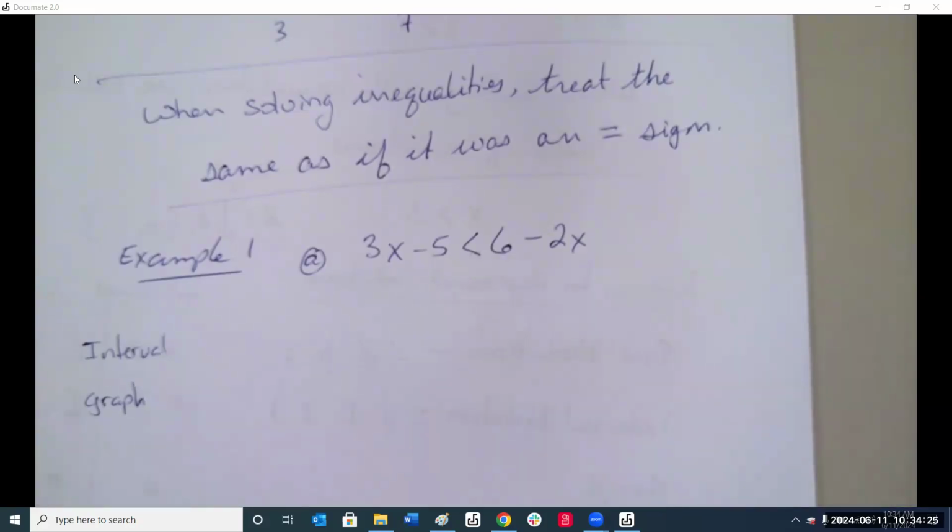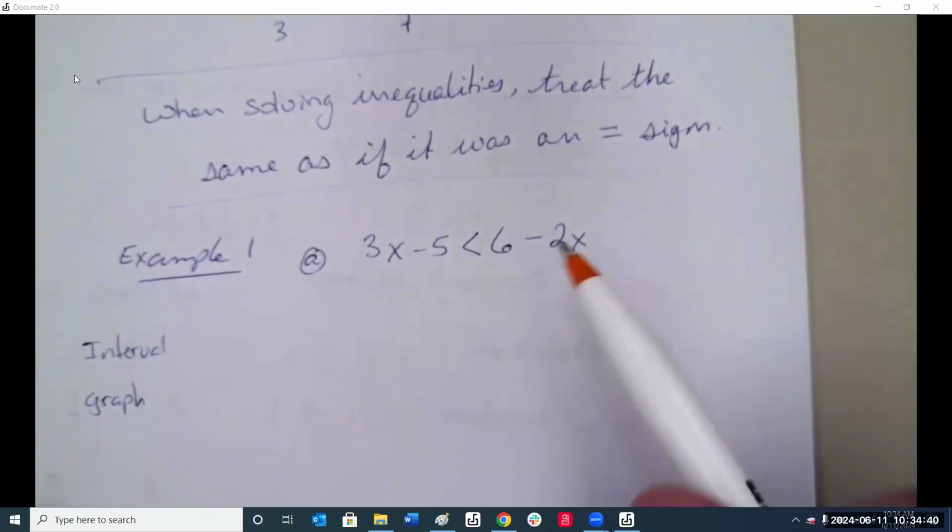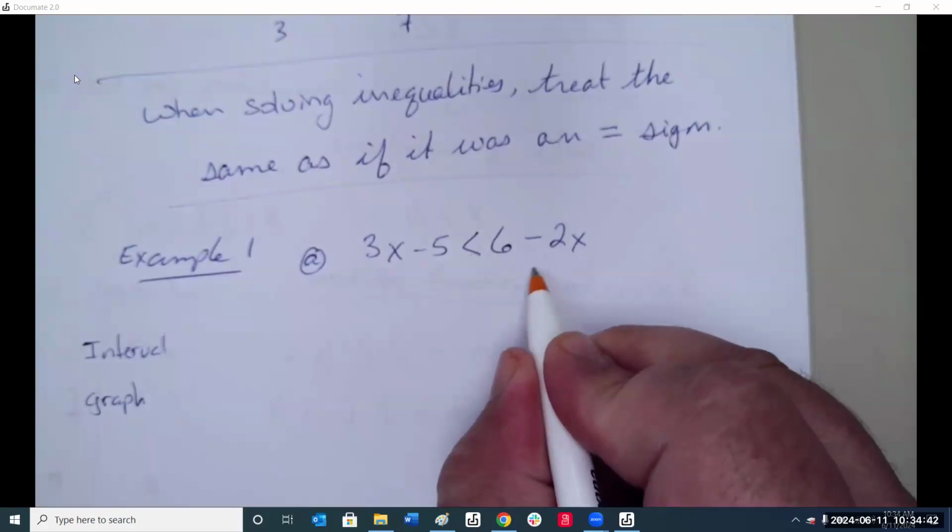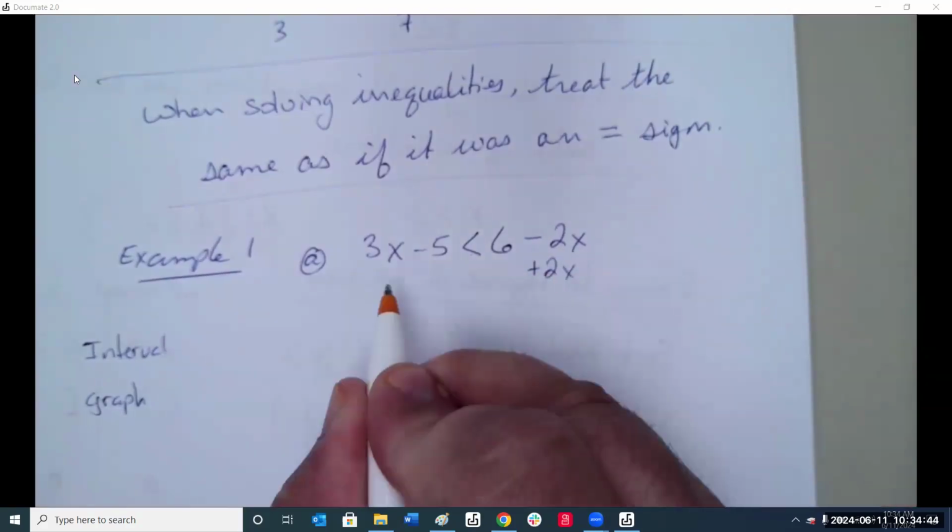You're solving for what? X. So you have to get x's to one side. Which x do you move? Always move the smaller to the larger. The smaller is negative 2x. So we add 2x to both sides.